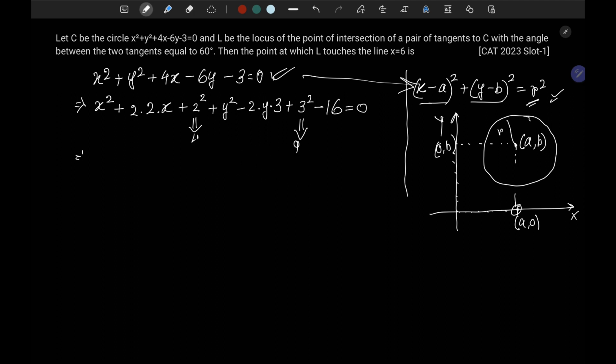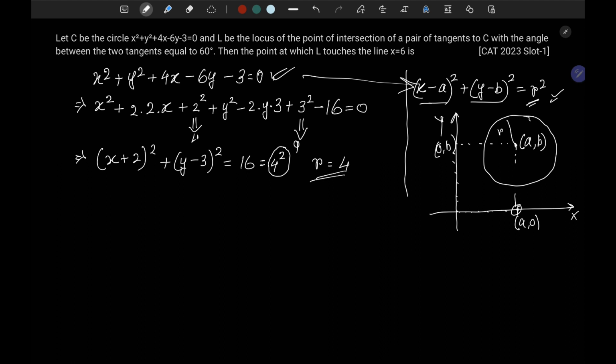So now we have (x plus 2) whole square plus (y minus 3) whole square equal to 16. 16 means 4 square, like the r square term. So the radius of the circle is 4.